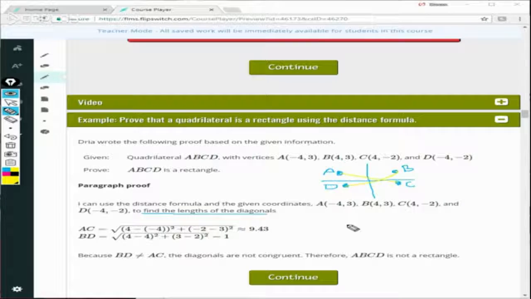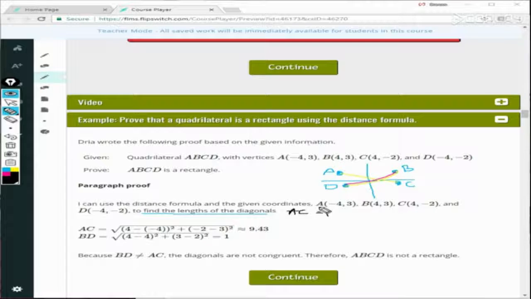BD, yes, that is a diagonal. So, we will show our work to find AC. So, AC is equal to the square root.